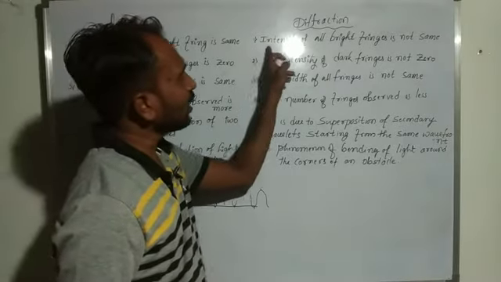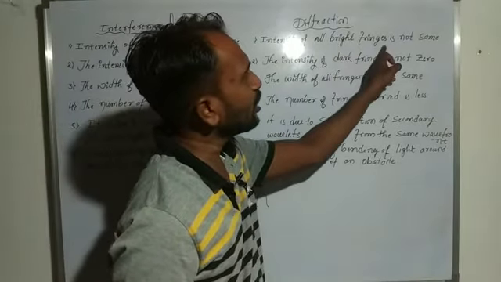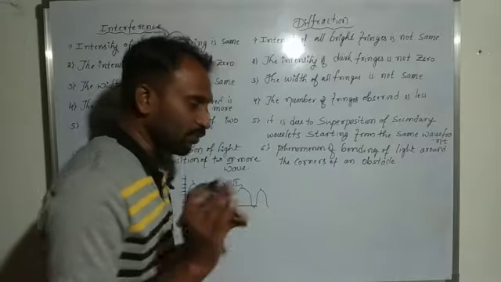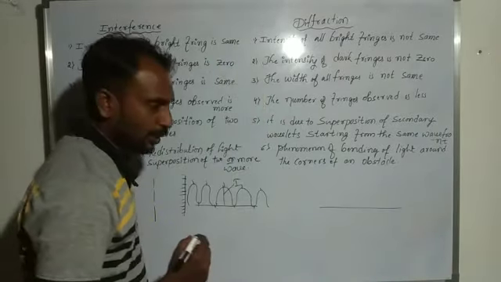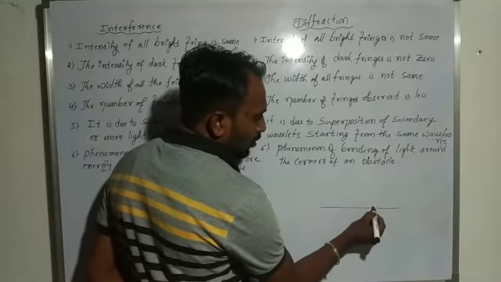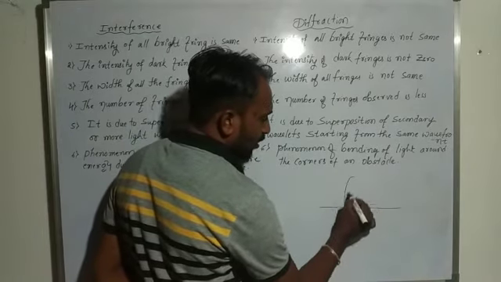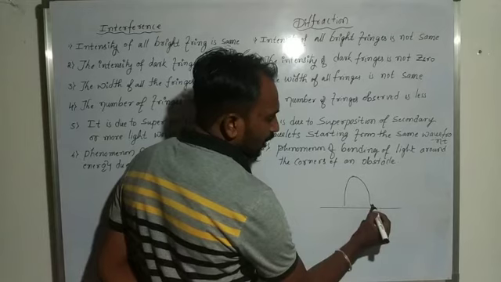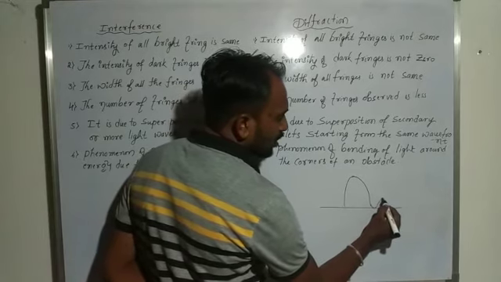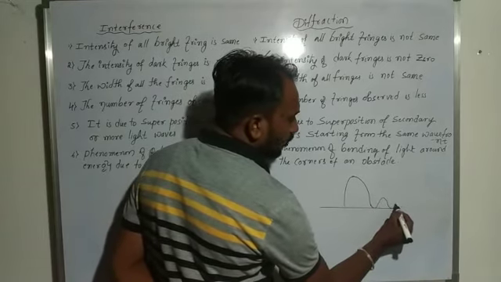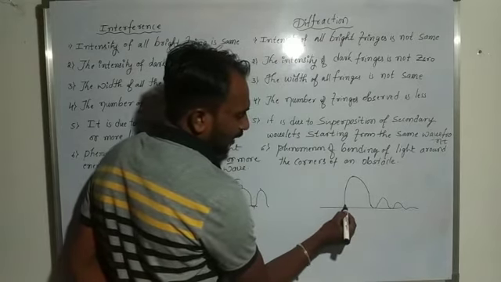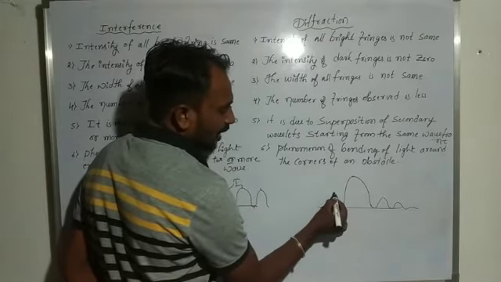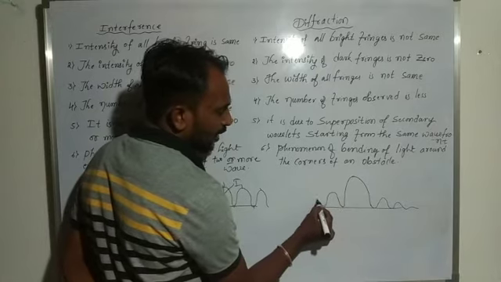But in diffraction, the intensity of all bright fringes is not the same. Why? Because on the screen we get alternate dark and bright fringes. Suppose this is the central maxima, then afterwards the first secondary maxima, second secondary maxima, third secondary maxima, and on the other side the same. The intensity of the central maxima is maximum, and then the intensity goes on decreasing for the first, second secondary maxima.